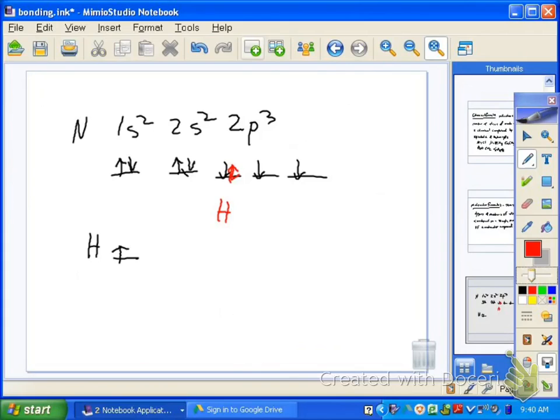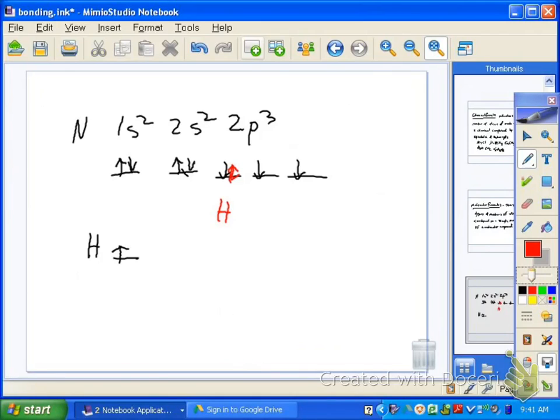Okay? Does nitrogen have an octet of electrons? Because to show bonding, everything has to have a full outer shell. Now, hydrogen won't have an octet because it only requires 2 electrons to have a full shell. Because that first shell only has 2. So now it has 6. Can we bring another hydrogen in here?